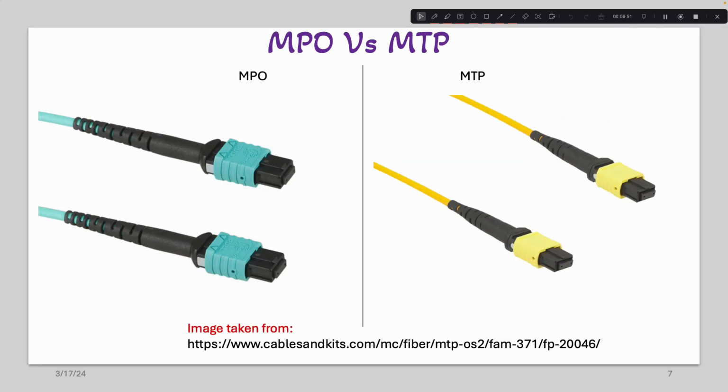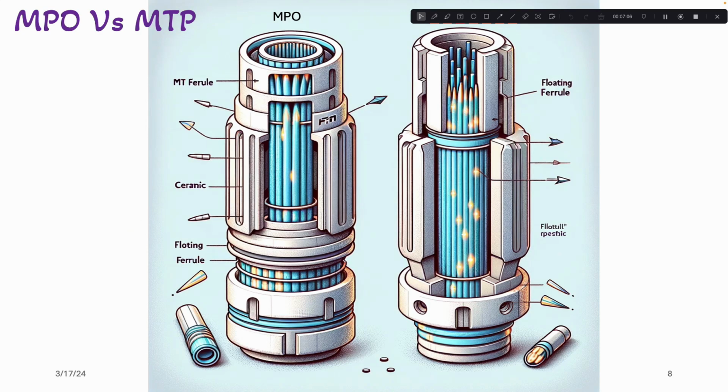Okay. So if you look at MPO and MTP connectors, both look very similar. You can't typically find any difference between MPO and MTP, but still there is a difference. The primary difference is the ferrule. The ferrule is the surrounding material of the fiber. It might be ceramic or a high-grade plastic material. This ferrule is somewhat fixed.